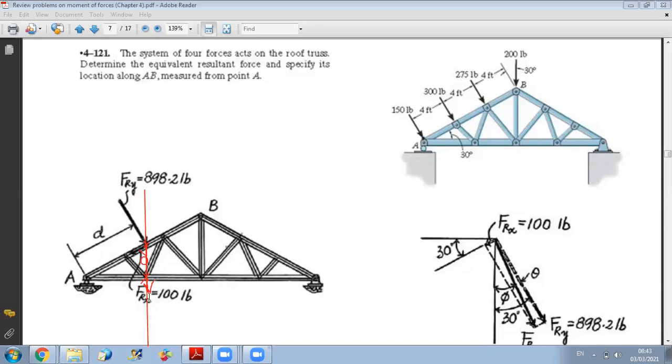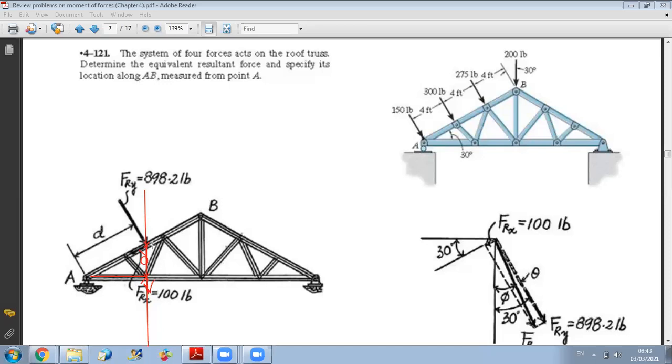Or if they ask you to find the distance along this line, you should repeat the calculation and find what distance I should displace here. But in this case, if you want to find the distance that you should displace along this direction, it is easier for you to decompose your force like this.